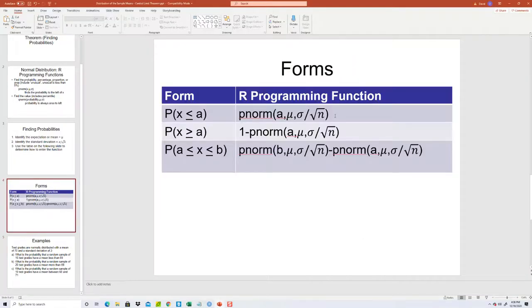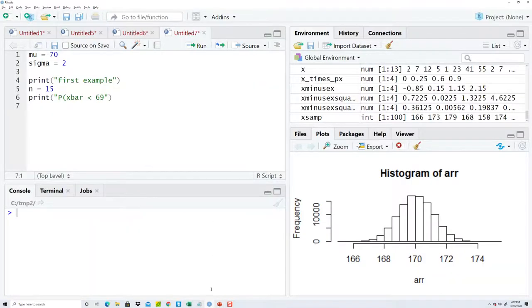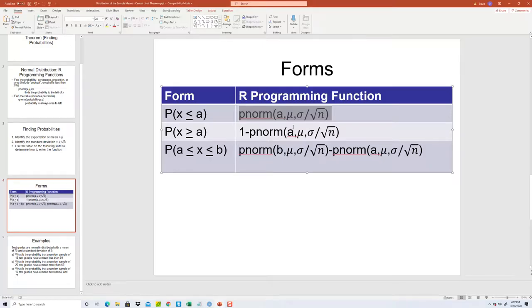I come up here. The less than case is this first one. P norm, a comma, and a is what follows your less than or equal to symbol. So, p norm 69, comma, and then mu, then sigma divided by square root of n.